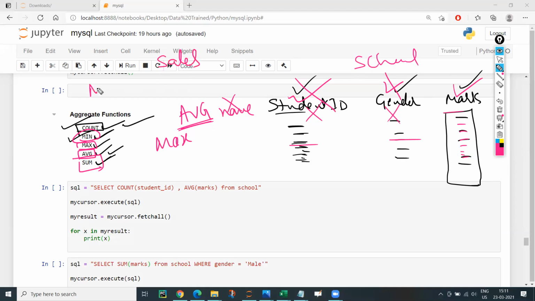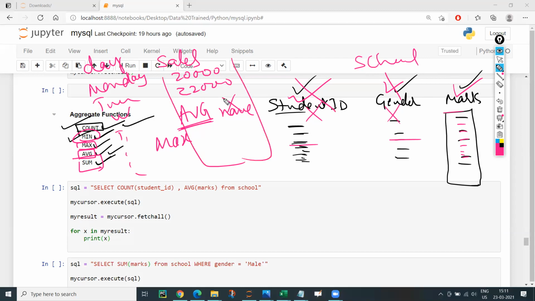I will have a Monday, so I will call that column day, and this is sale. Monday I have 20,000 in sales. Tuesday I will have 22,000 in sales. Wednesday, Thursday, Friday, and Saturday. So I will be able to find all the sales for a whole week. However I want, I can use it.